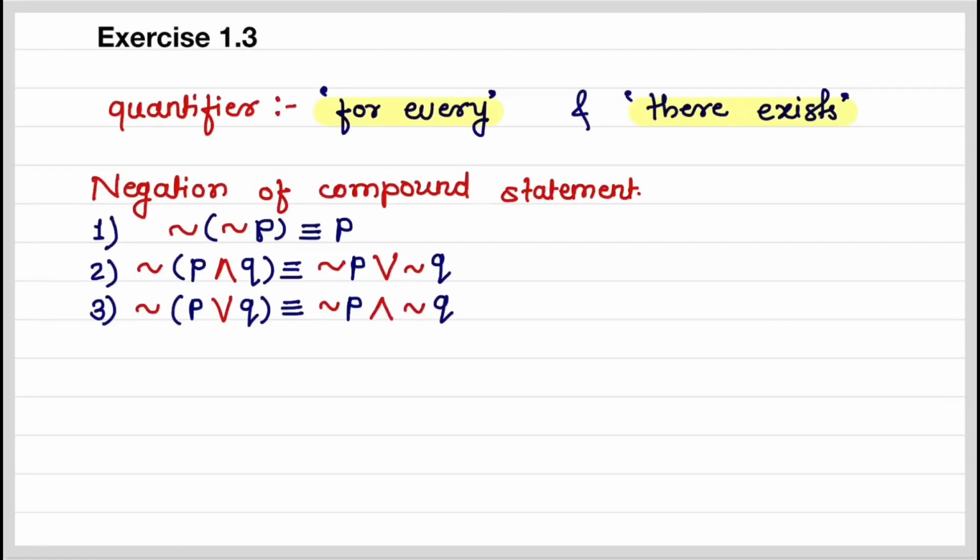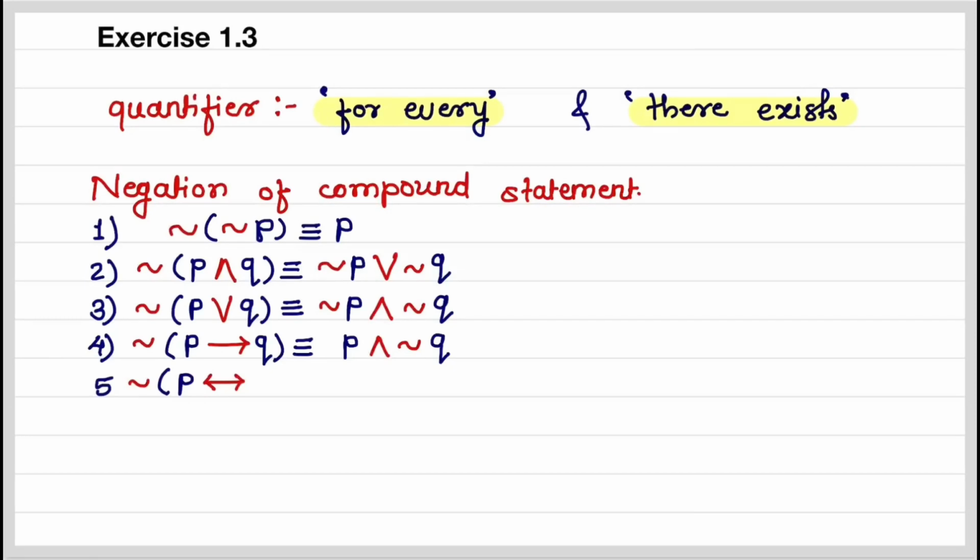And the fourth one is negation of implication, that is, negation of (P implies Q) is equivalent to P and negation of Q. And the last one is negation of double implication, that is, negation of (P double implies Q).